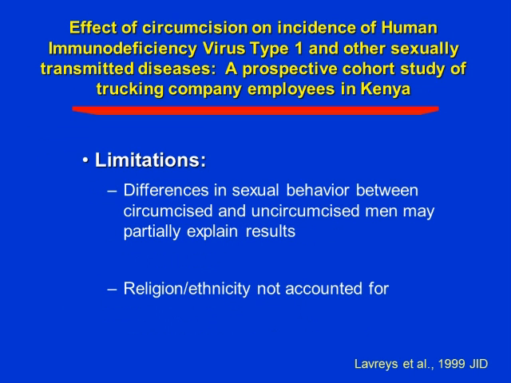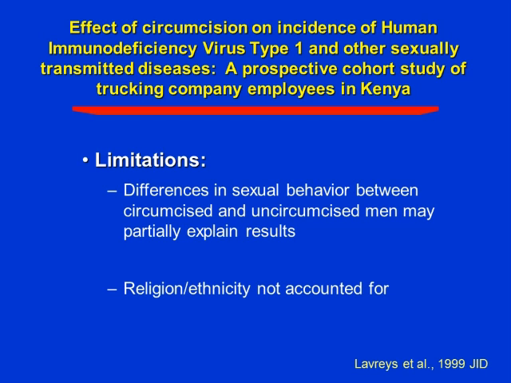So let's go back to this example of male circumcision. This looks like pretty powerful evidence that male circumcision might reduce your risk of HIV infection, but there are some limitations in this cohort study design. Differences in sexual behavior between circumcised and uncircumcised men might have explained the results.